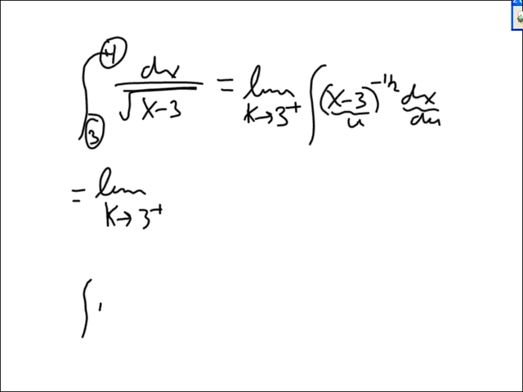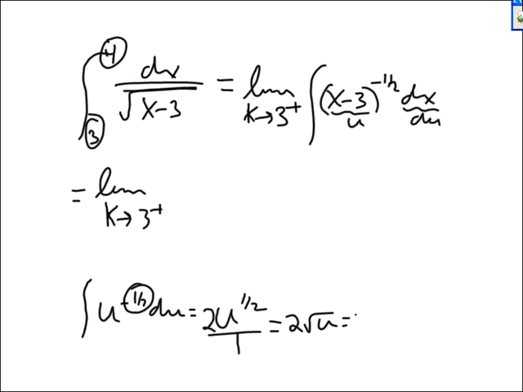I add 1 to that power, I get u to the 1/2, and I divide by 1/2. So I get 2 square root of u, which is x minus 3. Okay, so I get 2 square root of x minus 3 from k to 4.